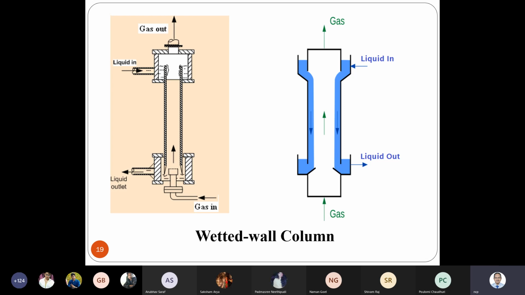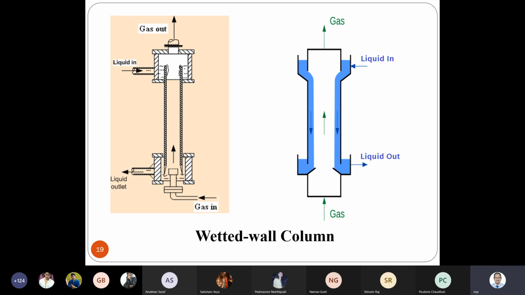This type of contactor is not very common, and particularly it is not used for large-scale operation. For small-scale operation, and mostly for laboratory purposes to study mass transfer processes, this type of contactor is used. Basically the advantage here is that the interfacial area is known, right?